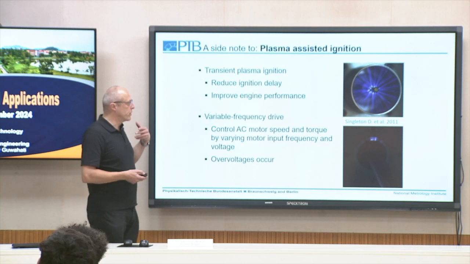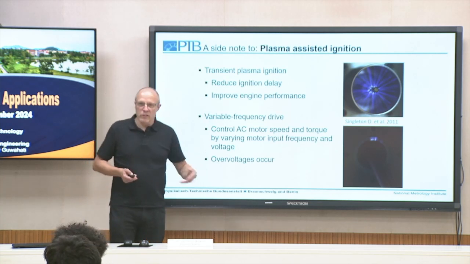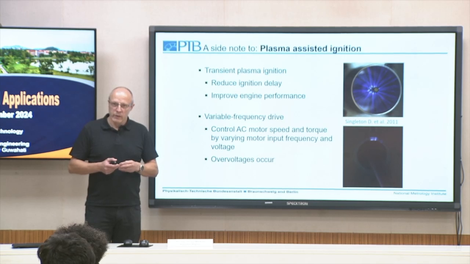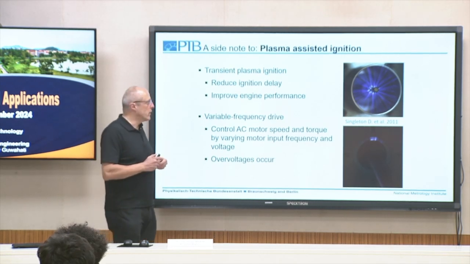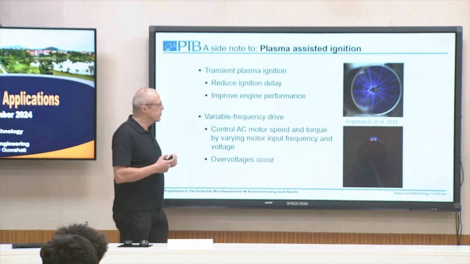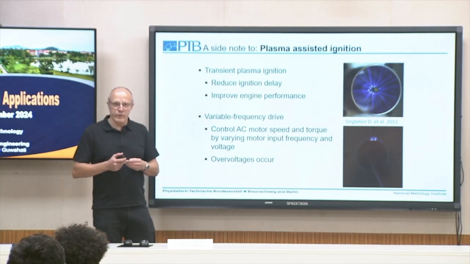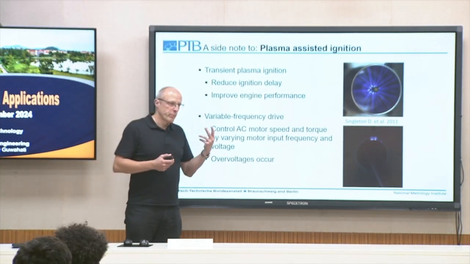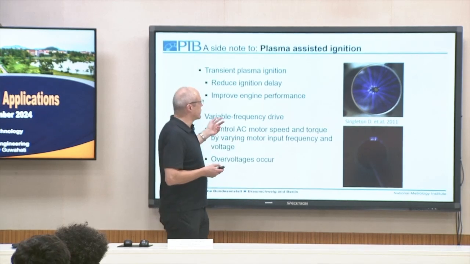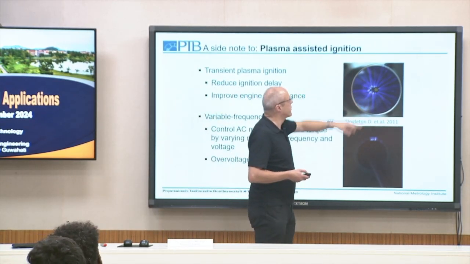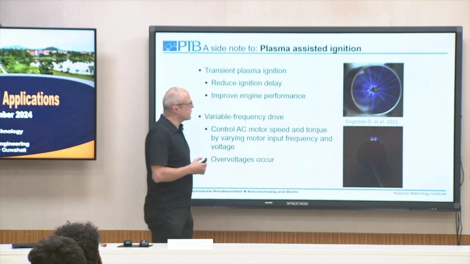And then, of course, if you go to lean mixtures, which are more difficult to ignite, this may be difficult. In the combustion engine, you have a turbulent flow field. So it's quite difficult then to ignite. And one idea was to use such a plasma-assisted ignition.